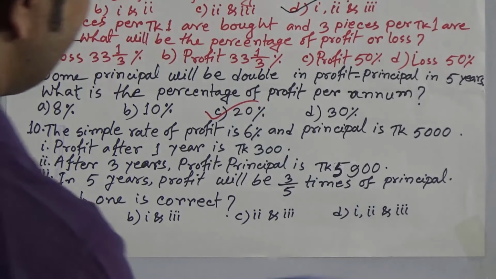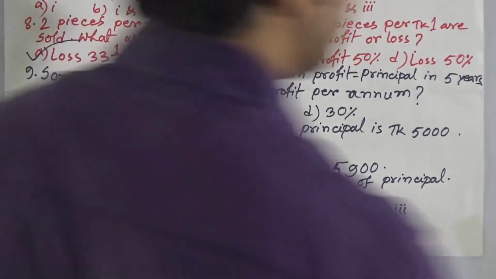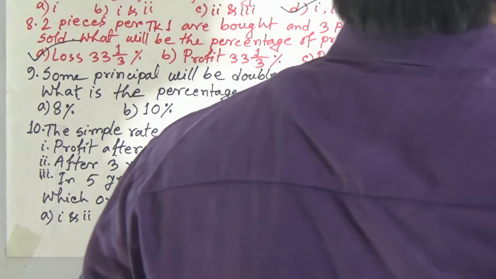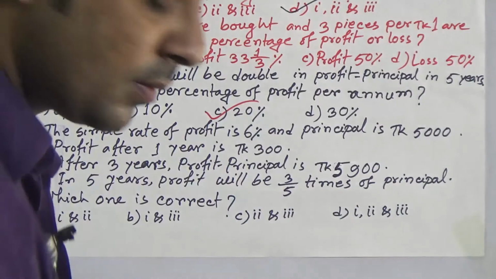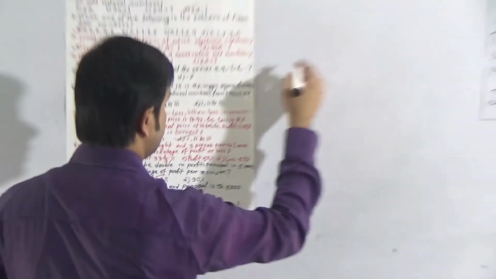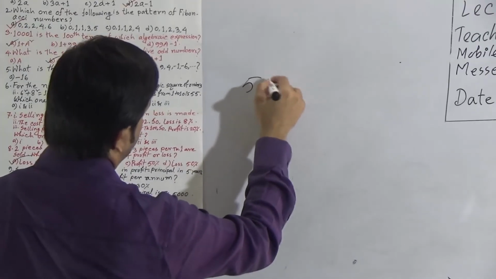Students, here we can write principal is 5,000.